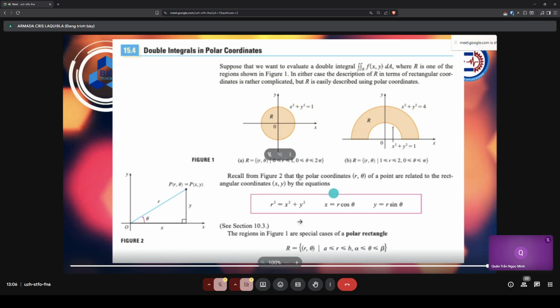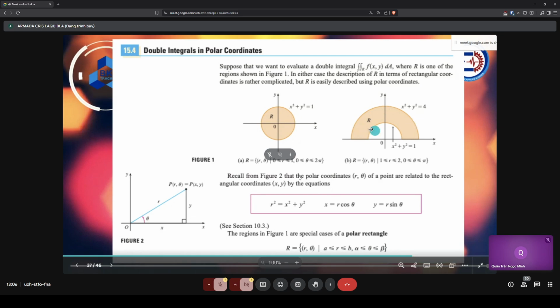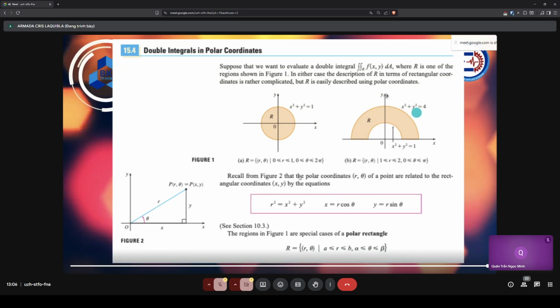Now we have this. On the other side, we have two circles here, and the region R is only the one with a shade that looks like orange. Is it orange? Okay. Now, the inner circle is x squared plus y squared equal to 1. Then the outer, bigger circle is x squared plus y squared equal to 4.